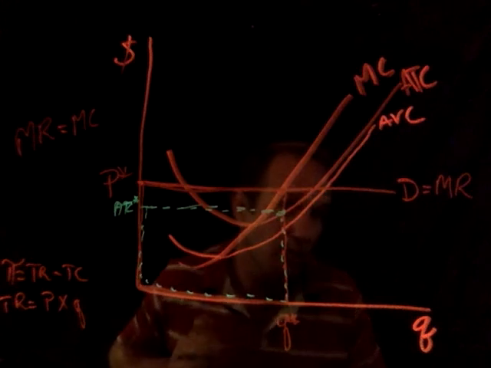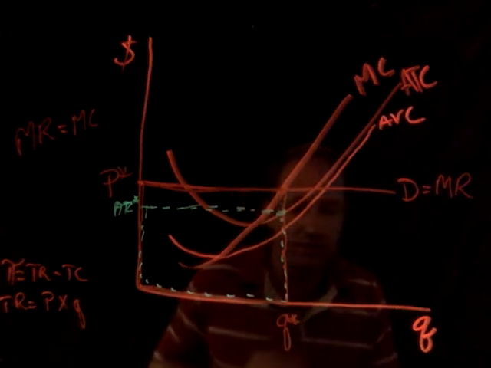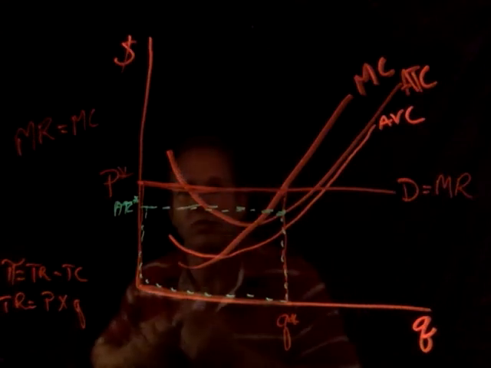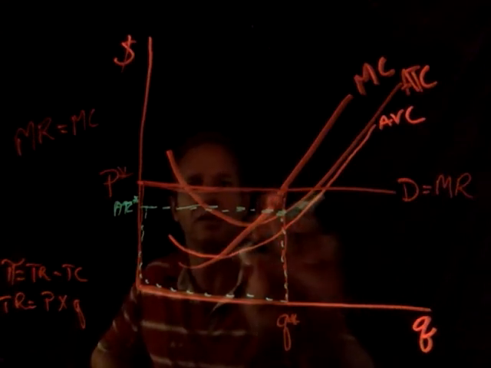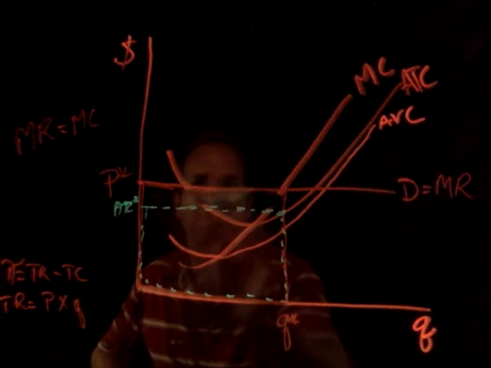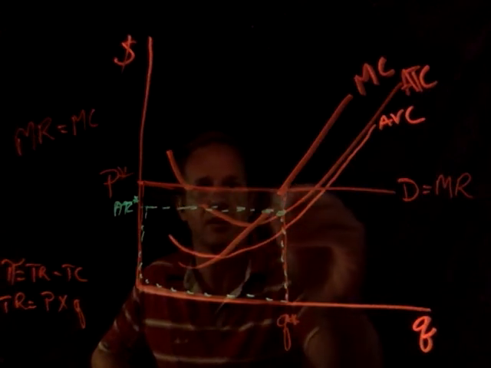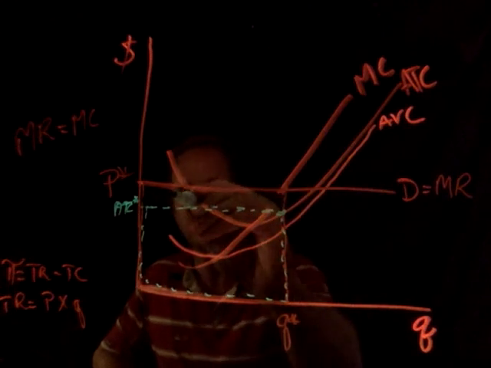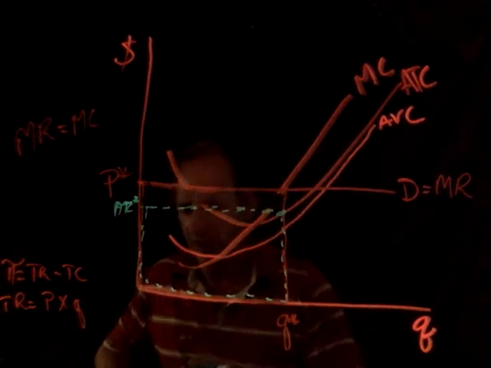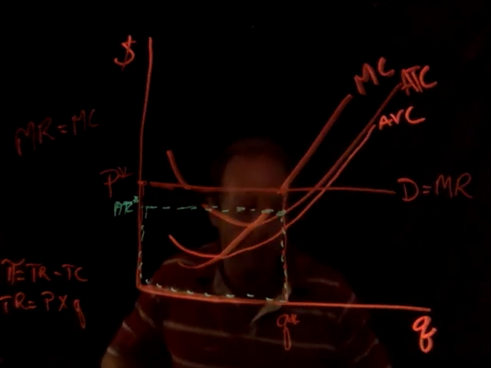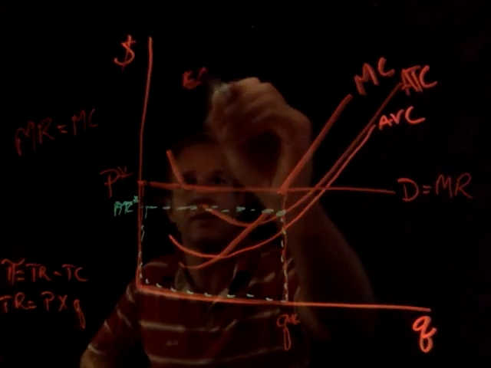Can we see where that profit is in this model? Of course we can. Whole rectangle right in here. That right there is economic profit.